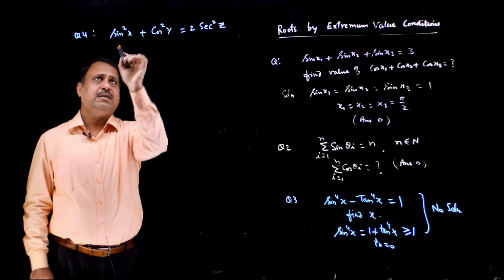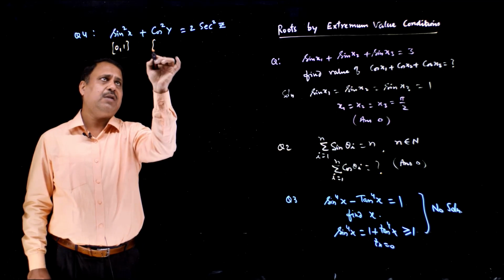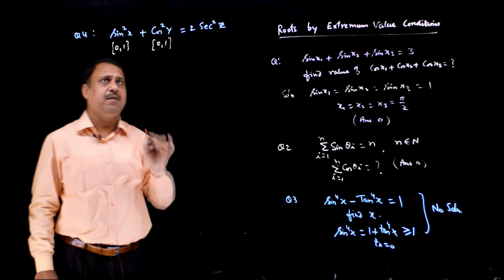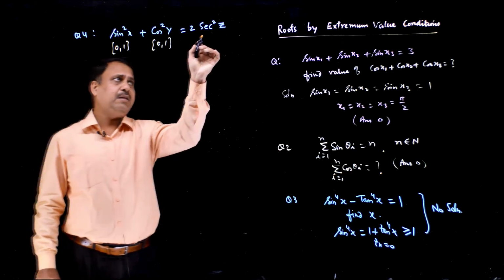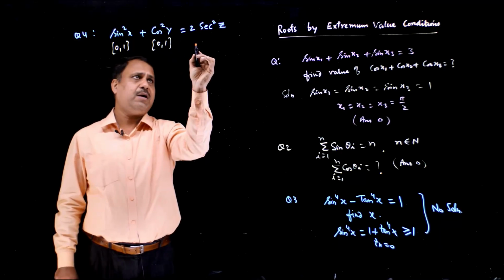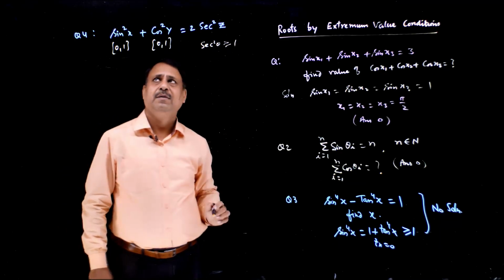Sin square x lies between 0 and 1, highest value is 1. Cos square y also lies between 0 and 1. X and y are independent, so separately they can take these values. And sec square theta is always greater than or equal to 1.